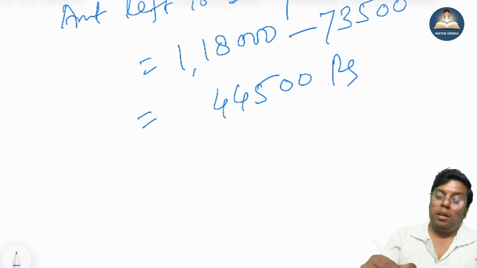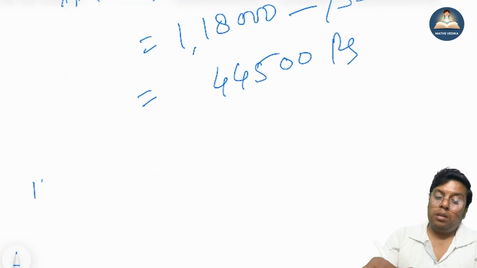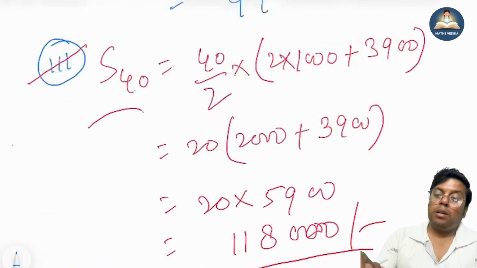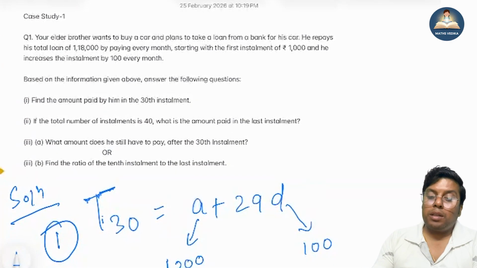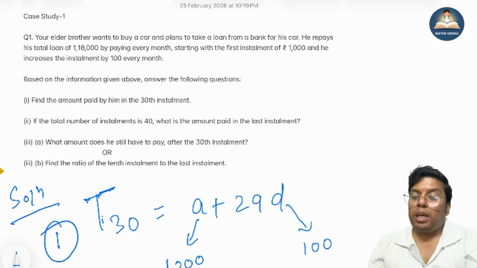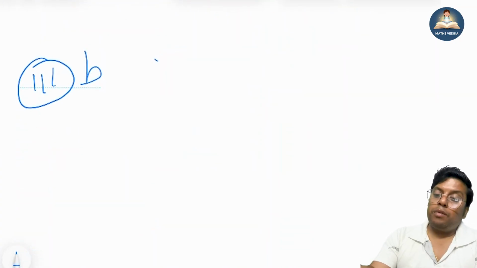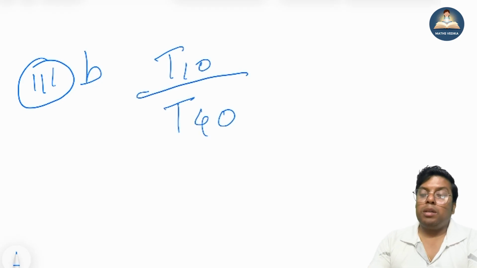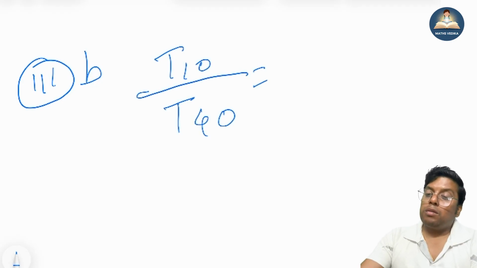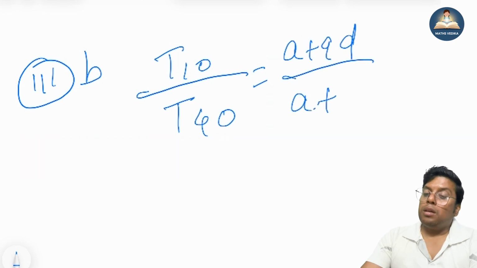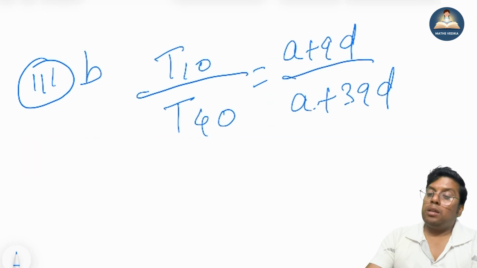Now question number 3 B. This was question number 3 A. The 3 B question is: find the ratio of the 10th installment to the last installment. So we have to find the ratio of the 10th installment to the last installment. So this will be a plus 9d and this will be a plus 39d.